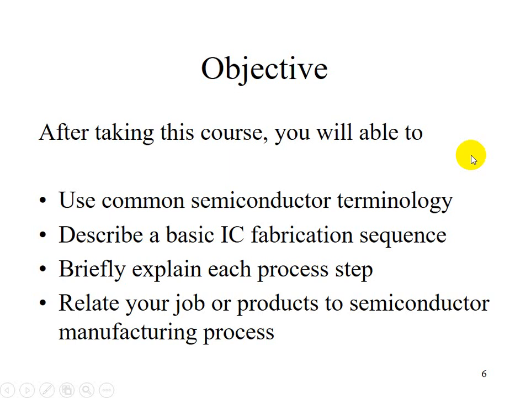You should know what a semiconductor is, what a diode, transistor, maybe capacitor, and MOS are. What is chemical vapor deposition? What is photolithography? All these special terminologies you are expected to know.